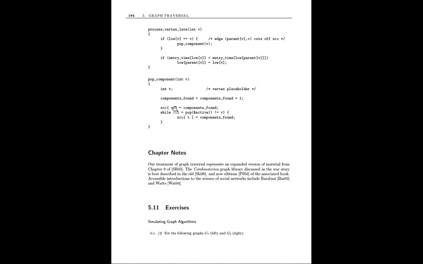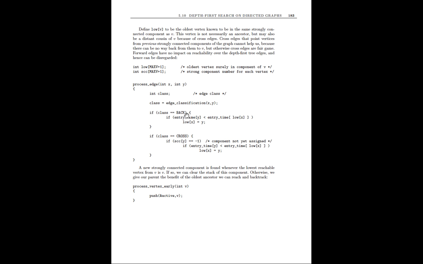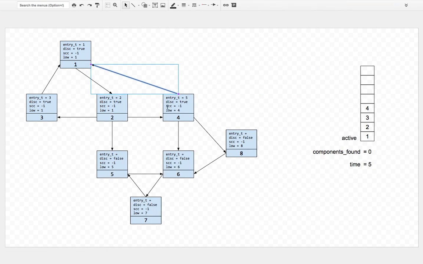Anytime we do that, it's a back edge. And in order to process a back edge, we check to see whether the entry time of the vertex to which the edge points, y, is less than the entry time of low of the vertex itself, the starting vertex. So low of 4 is 4, and the entry time for that is 5.